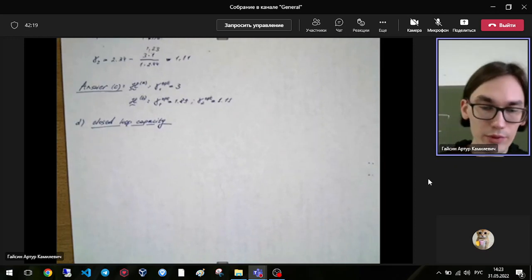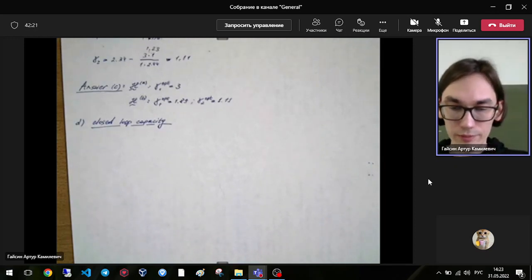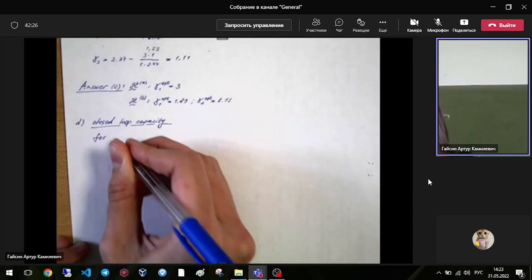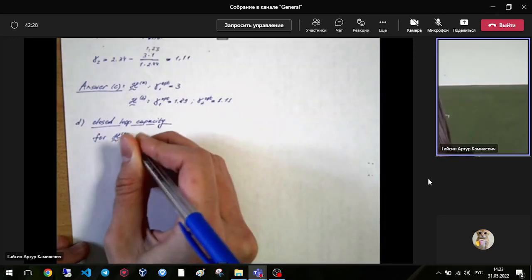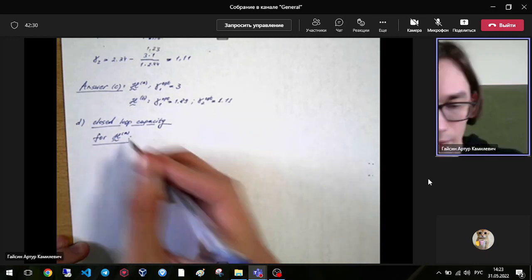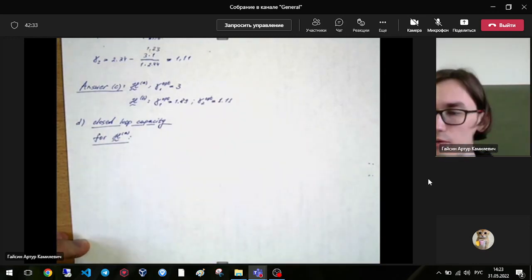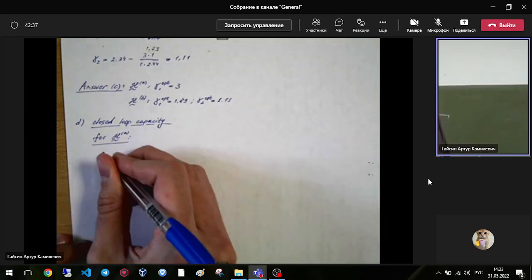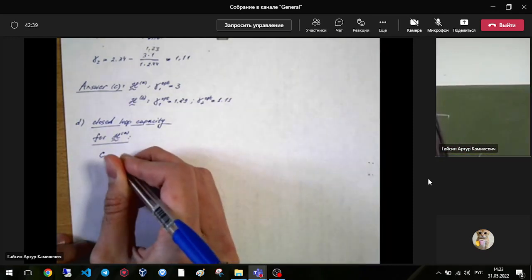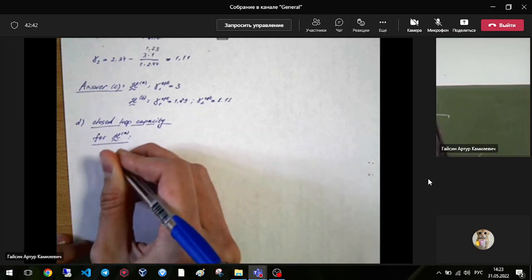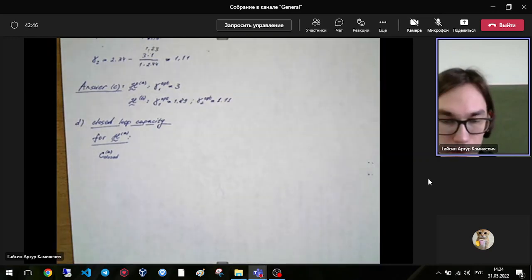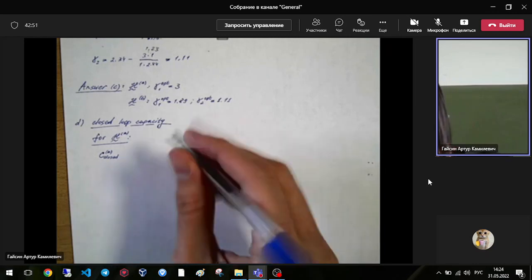So let's assume first channel A. So for channel H subscript A, and now we will use this notation as C closed, and of course we substitute. And maybe first I will give you the general equation for this closed loop capacity.